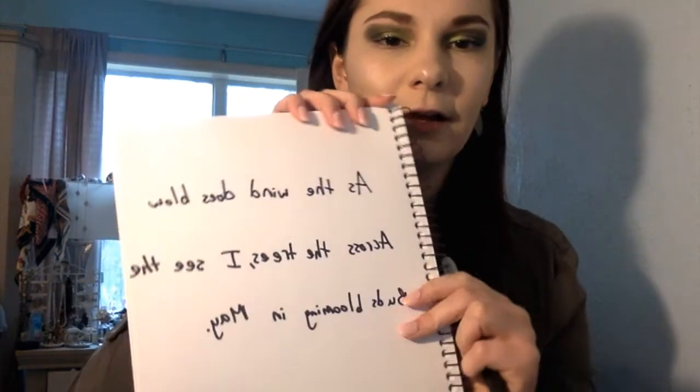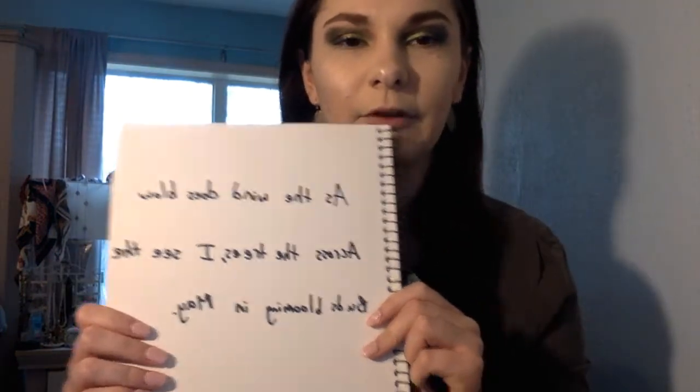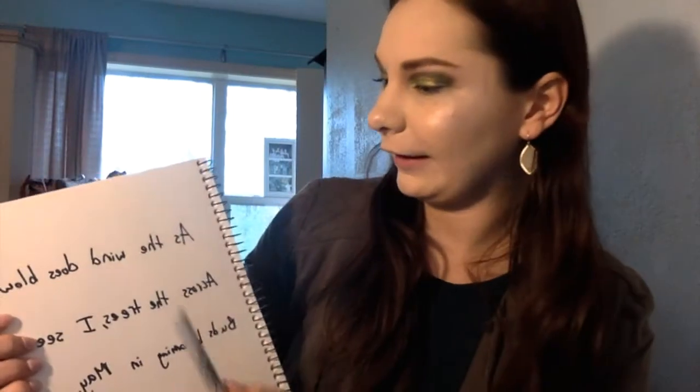For one that I wrote down here, we have: as the wind does blow, across the trees I see, the buds blooming in May. For the first line, you have, as the wind does blow. Those are all 1-syllable words, so this one's pretty simple to count out.